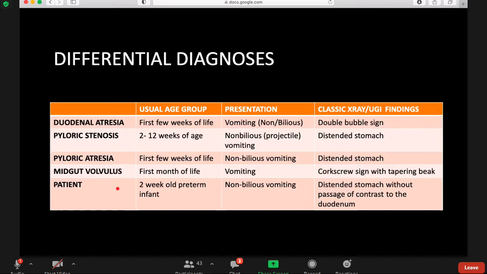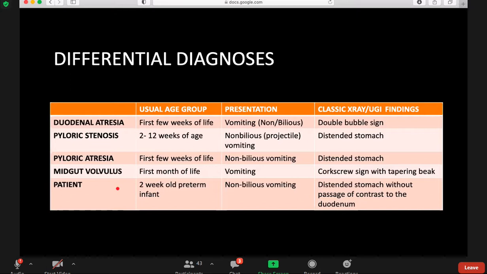So at initial time, before feeding, upon birth, the patient would already be presenting with symptoms. So this can already be crossed out, but still, it can still be an acceptable differential diagnosis. So you're left with pyloric stenosis and midgut volvulus.